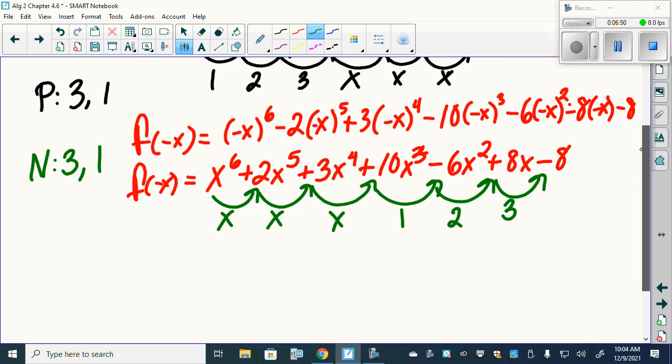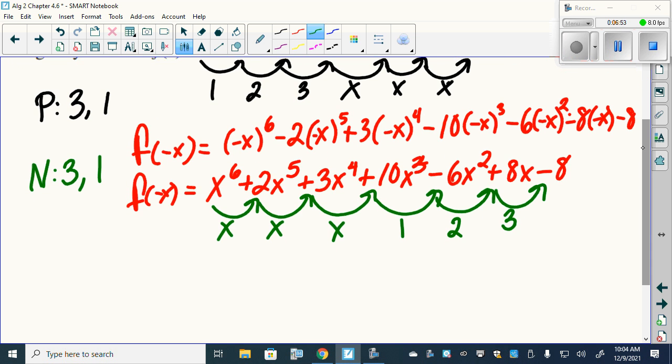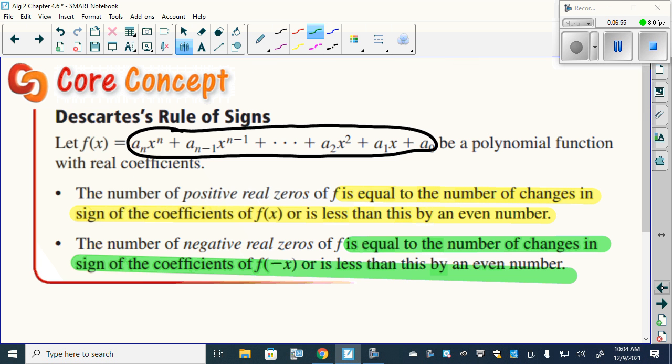So you take whatever the top number is, because the number is equal to the number of sign changes of the coefficients of f of x, or is less than this by an even number. So it could be 2, 4, 6, 8, 10, 12. 2 is the smallest one. I just take the top one and keep subtracting 2.